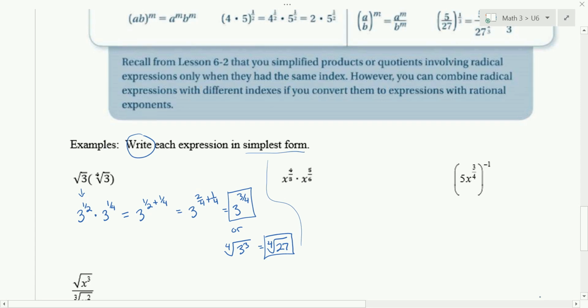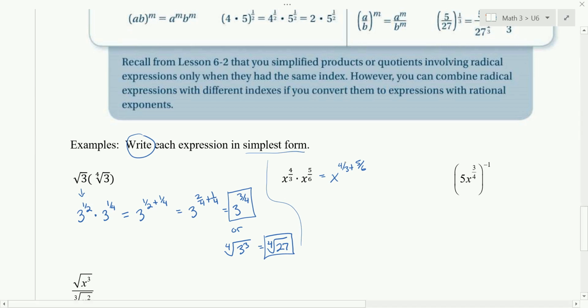All right, x to the 4/3 times x to the 5/6. The way to handle this is to add those exponents, right? So 4/3 plus 5/6. Because if we went back into root form, we'd have a cube root and a 6th root, and we need to have the same root, right? But same idea here, we need a common denominator, and the denominator is the root.